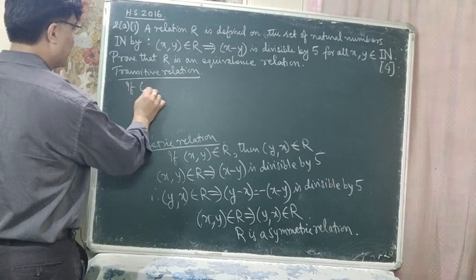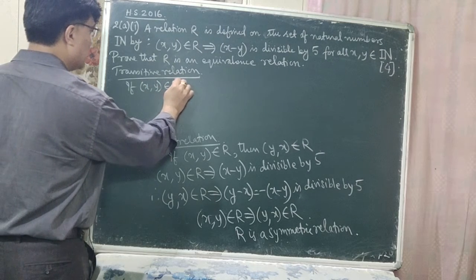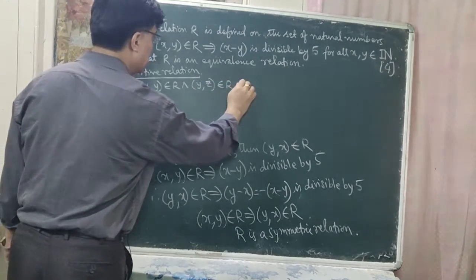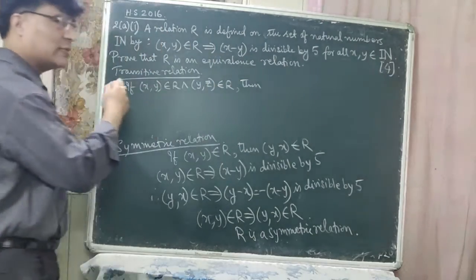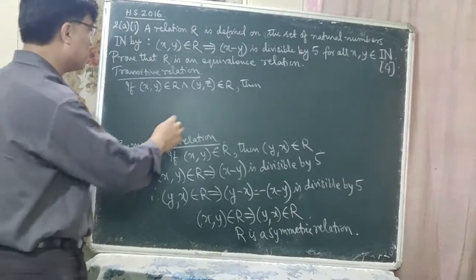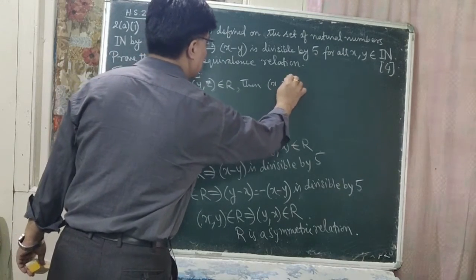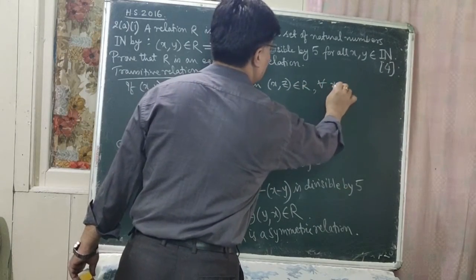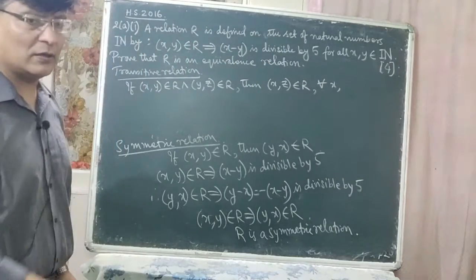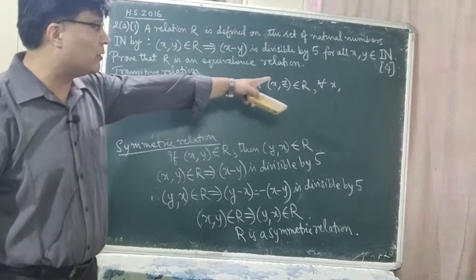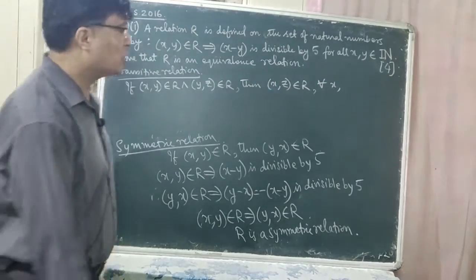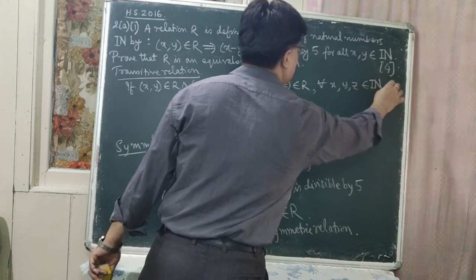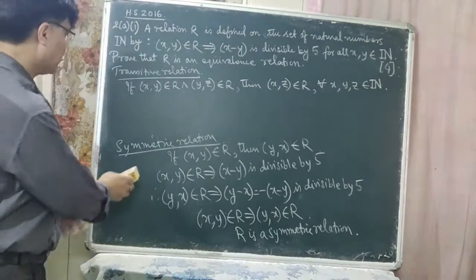So if x comma y belongs to the relation R and y comma z belongs to the relation R, then according to the definition of transitive relation, we can write that x comma z belongs to the relation R. For all, this is the symbol for all. You don't need to write out "for all", writing this symbol is enough, okay? So for all x, y, z belonging to the natural numbers. Is that clear?